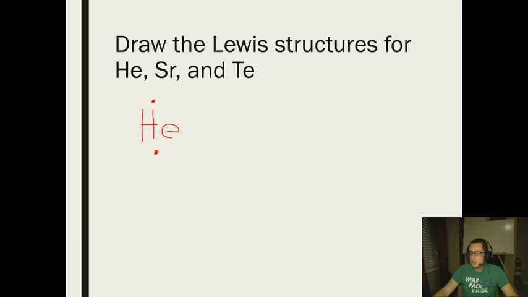Alrighty. Next up is strontium. Again, if you want, go ahead and pause this real quick so you can give it a shot on your own. Alright, so strontium is going to be Sr, just like it says in the problem. Now, if we look at the periodic table, it's in the second column.